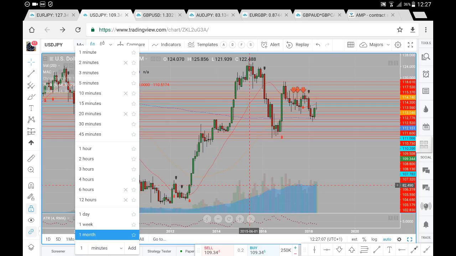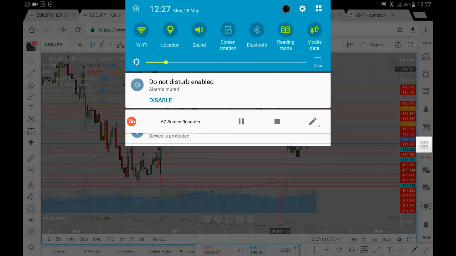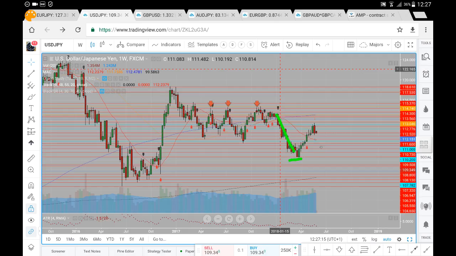What we'll do now is have a look at the weekly time frame. Here we can see that after this pretty sharp sell-off down towards our 104.65 and heading back into this trading range, we've posted a fairly large bearish candle. We've seen a gap up in the market.